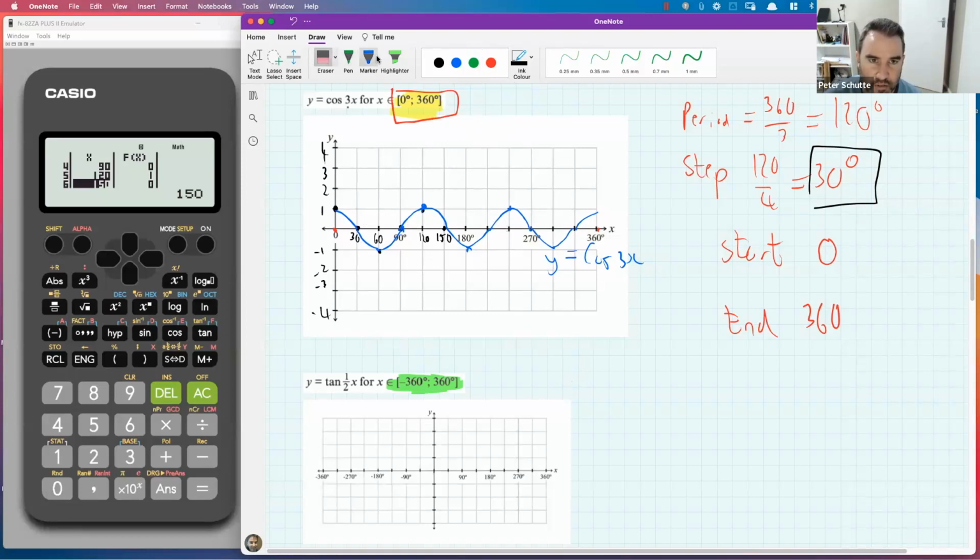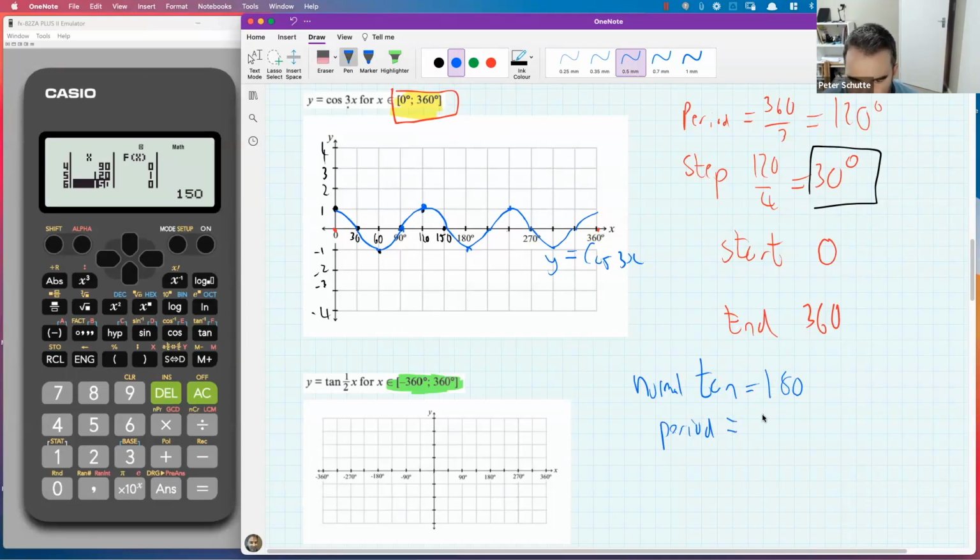Now, the tan graph is a bit different. The normal tan period is 180. But this graph has been changed.